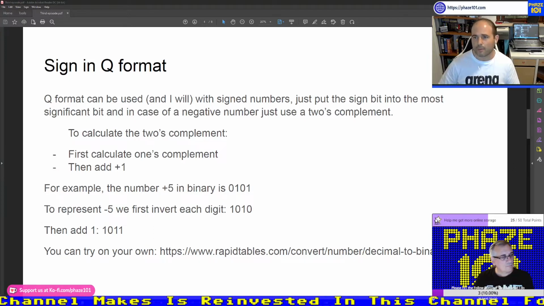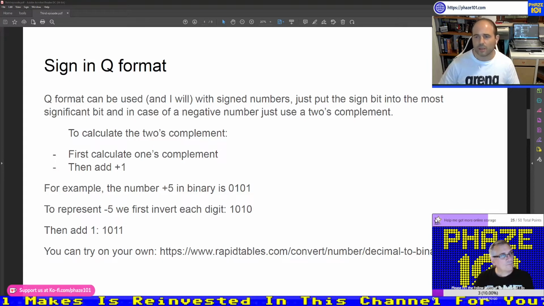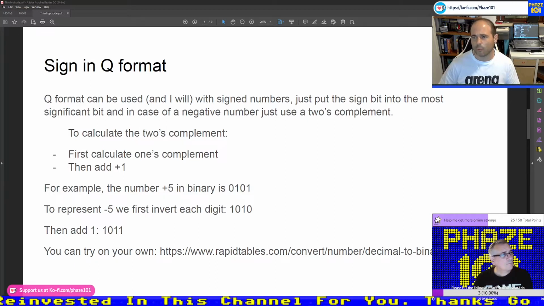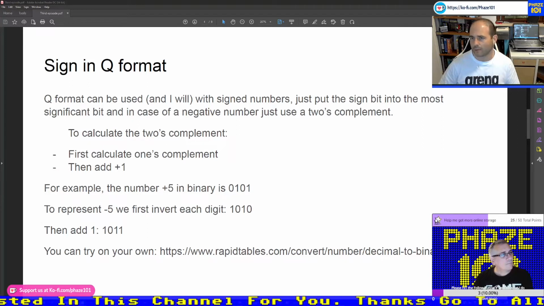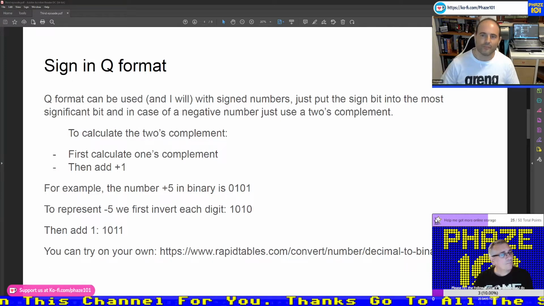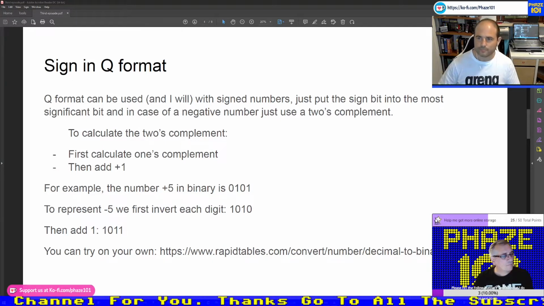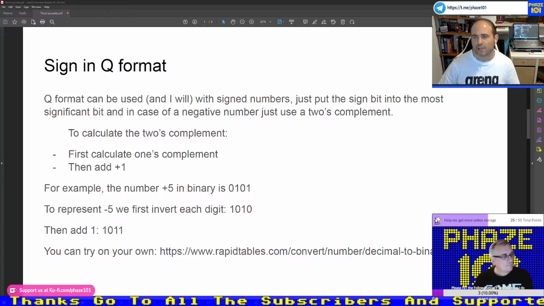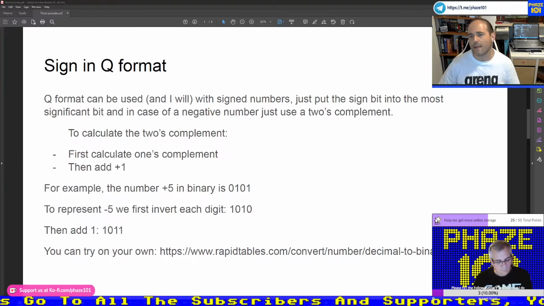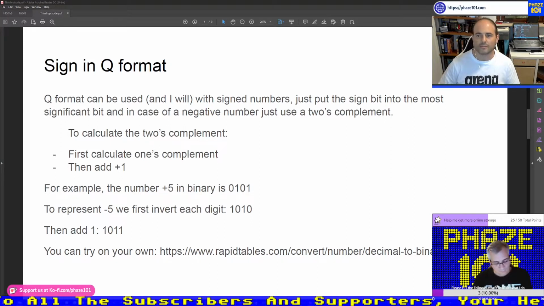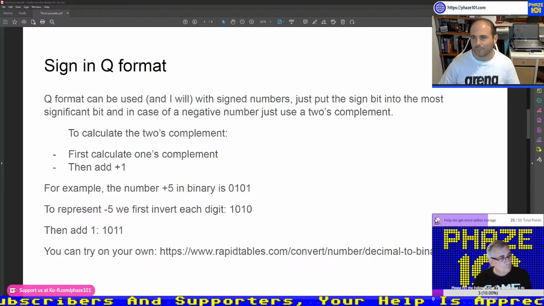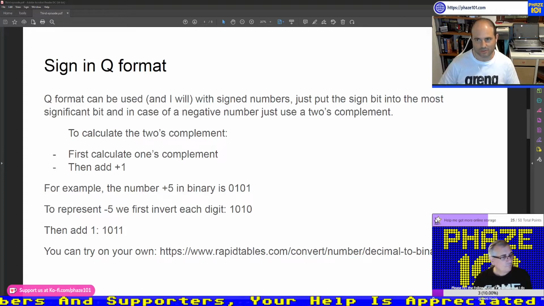And you probably also already know that if you want to represent a negative number inside our Motorola register, you have to do the 2's complement. And the 2's complement is a very easy operation. You just do the 1's complement and you add 1. So it just needs some Boolean operation, but it's not so hard.